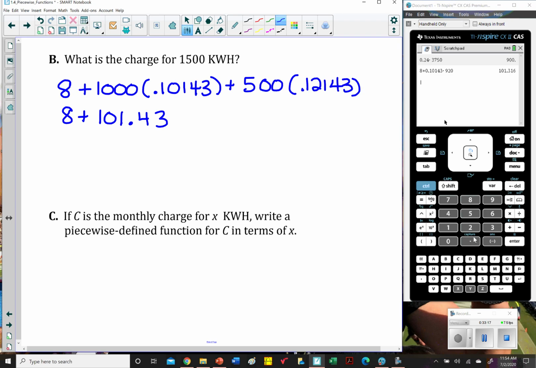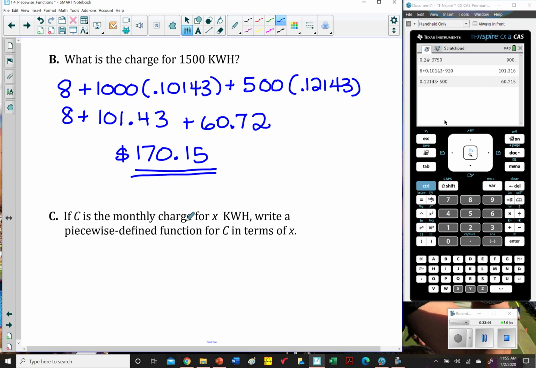And I believe that's about $60. 0.12143 times 500 is $60.72. The total would be $170.15 if you used 1,500 kilowatt hours.